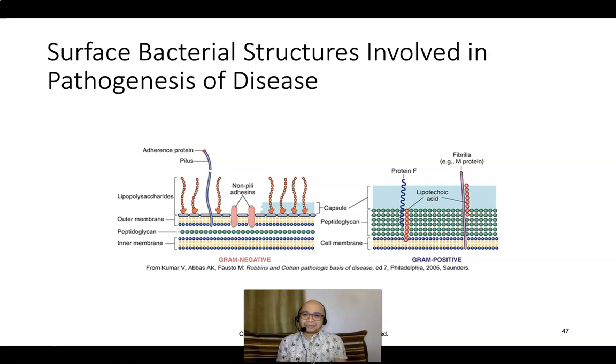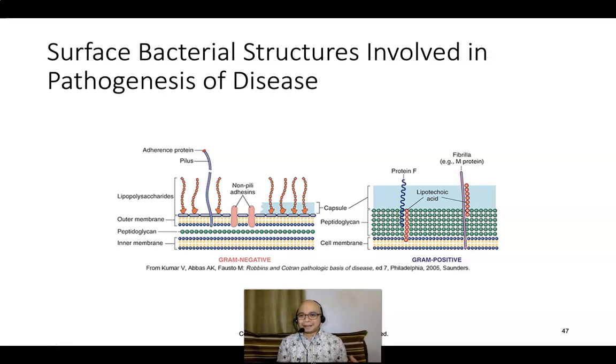Here is a comparison of a gram-negative bacterial cell wall to that of a gram-positive bacterial cell wall. As you can see, gram-negative bacteria have a thinner peptidoglycan.